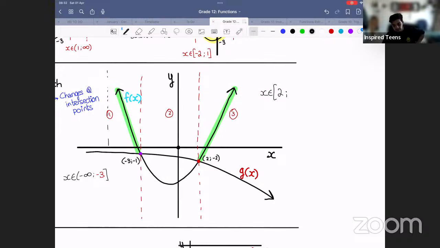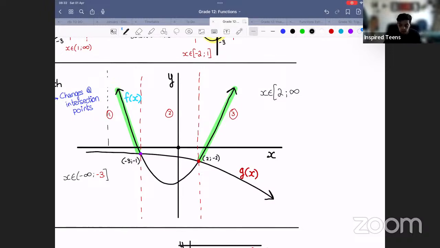What's my most right value? What is the most right value of my green highlighted part of the graph? Positive infinity. Very good. You don't have to put the positive sign when you're writing your answer. You just put infinity. Do I include or exclude for this one?